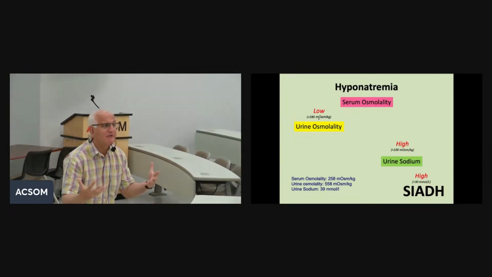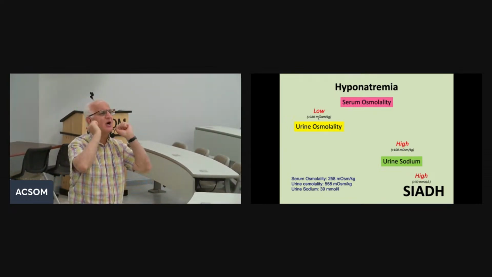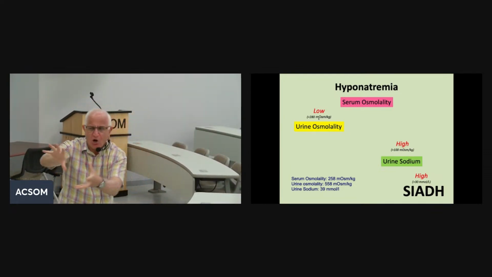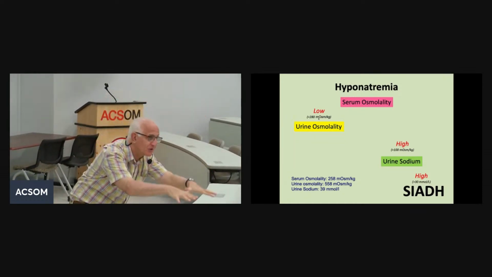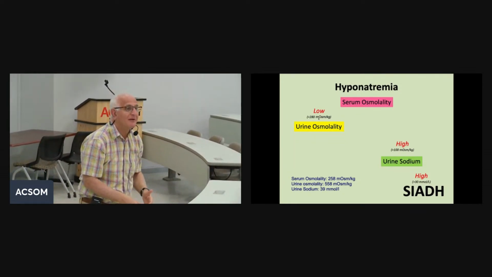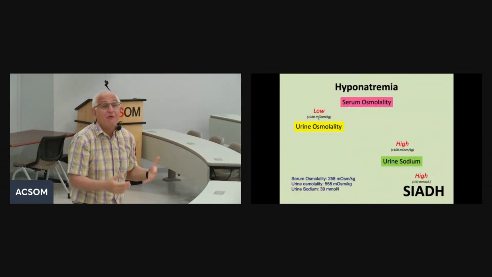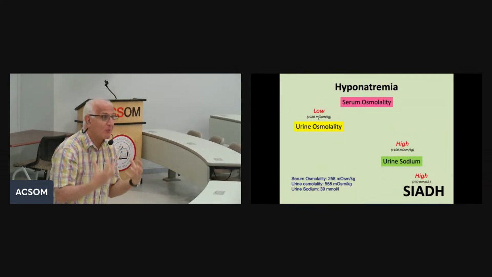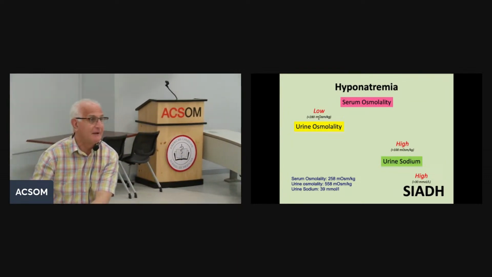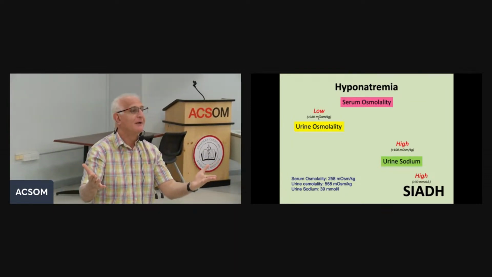Basically, for whatever reason, AVP has decided to just secrete. All the water in my collecting duct is coming down. My serum sodium is coming down. Does that make sense? Why is it inappropriate? Because I am hyponatremic. In a normal situation, you should stop the AVP, but it keeps going.